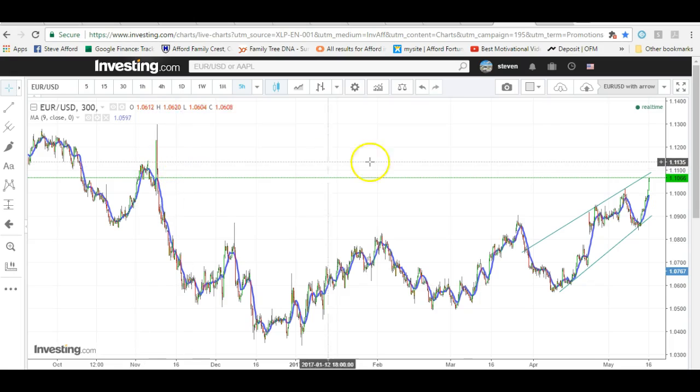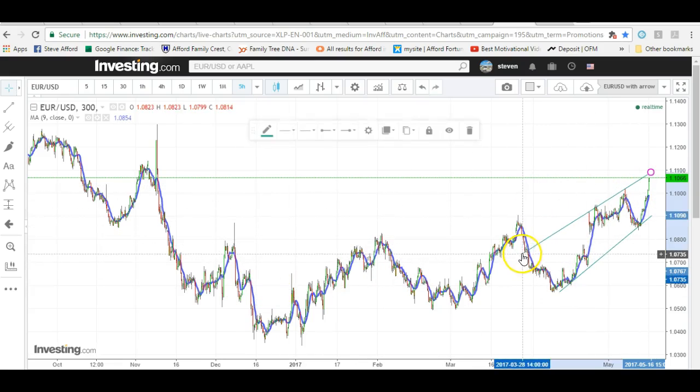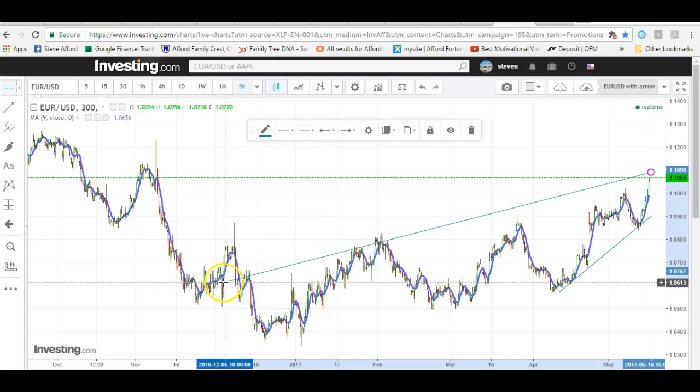It might hit that point and come back down again, where you can purchase some put positions. But bear in mind, this particular asset is moving upward. That's the trend line. It's been going up ever since the beginning of 2017.